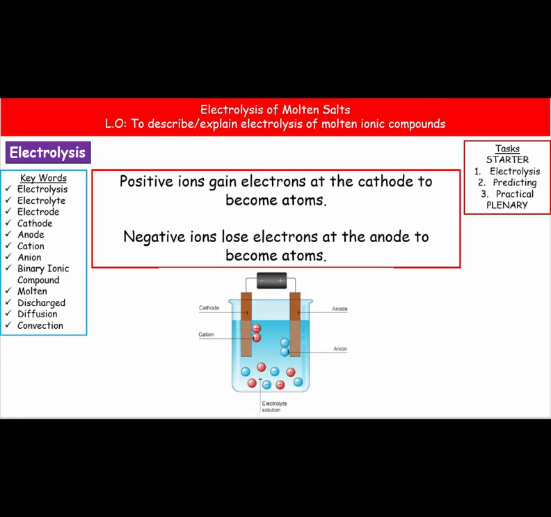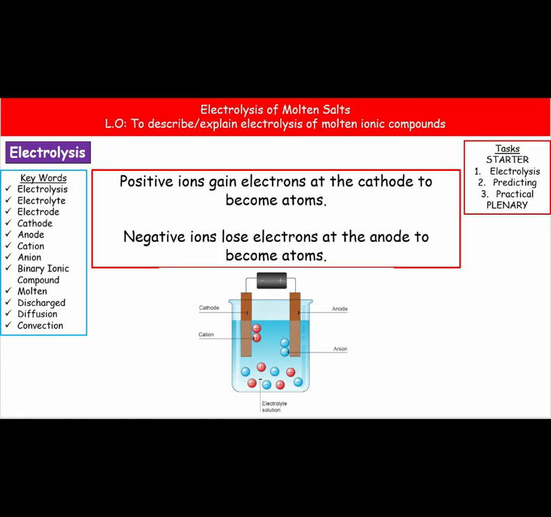Now, once those ions actually reach the electrodes, then they become discharged. So what I mean by that is they lose their charge. So the positive ions are going to go to the electrode and then they're going to gain electrons to become a neutral atom, whereas the negative ions travel to the anode, and where they reach that, what they do is they lose electrons to become a neutral atom.